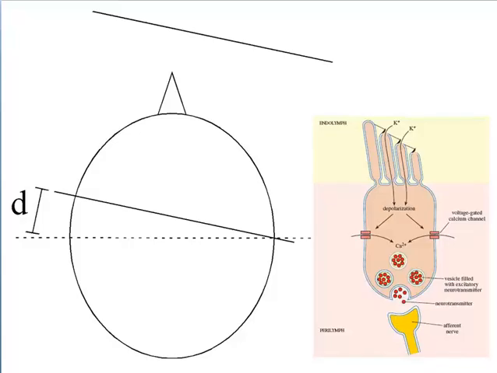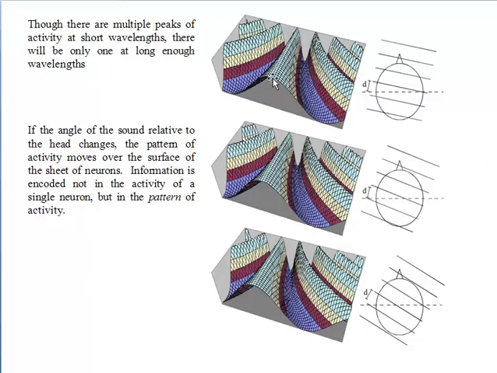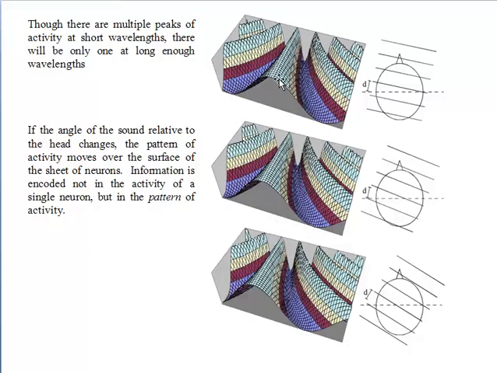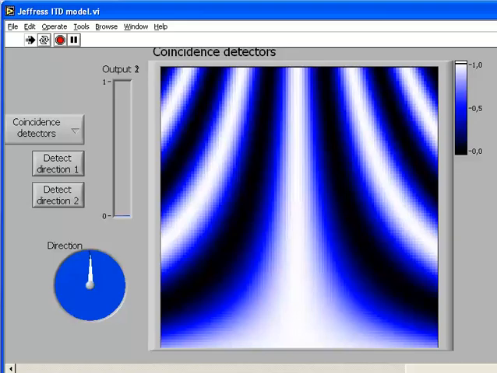The principle, if I go back to where I was, is as follows. This here is a three-dimensional display of this same pattern here from the program. So here we have the low frequencies with their broad peaks, that is down here.